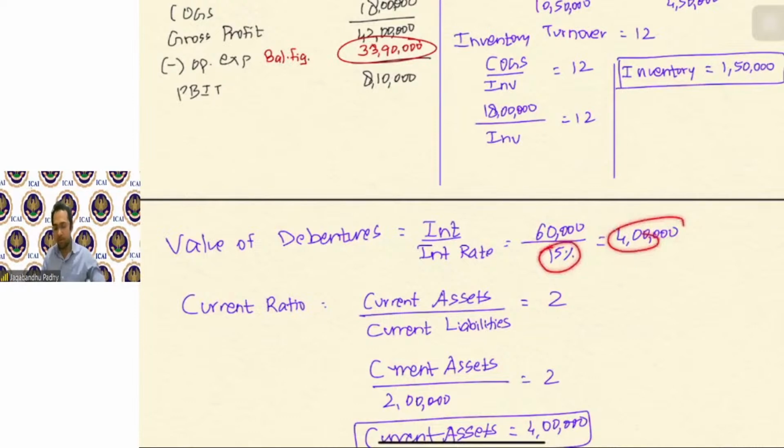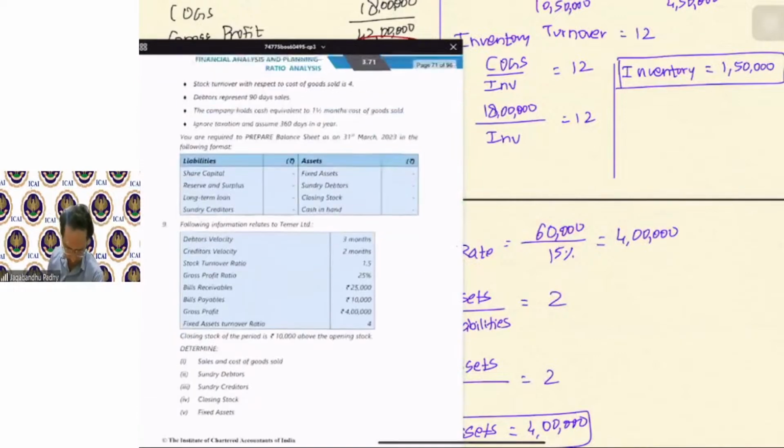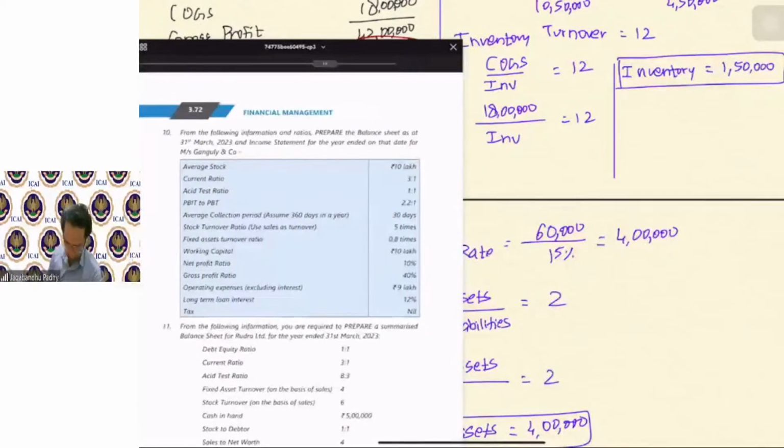The 4 lakh multiplied by 15% should give you 60,000, right? So therefore, we are just dividing this 60,000 by 15, which is a normal 11th or 12th standard adjustment. We good to go.